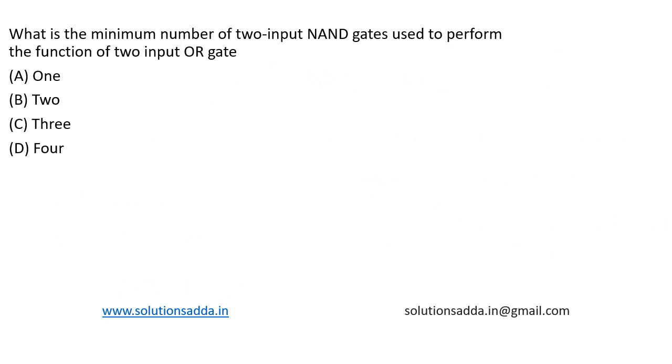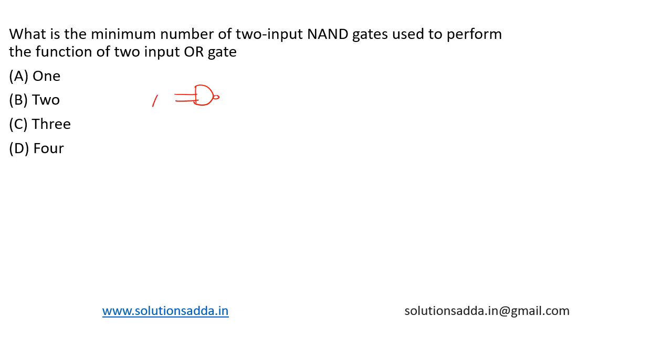This is a question from digital logic design. What is the minimum number of 2-input NAND gates used to perform the function of a 2-input OR gate? So here we are required to find the minimum number of NAND gates required to implement the function of an OR gate. So let's begin. First of all, let's draw the first NAND gate.